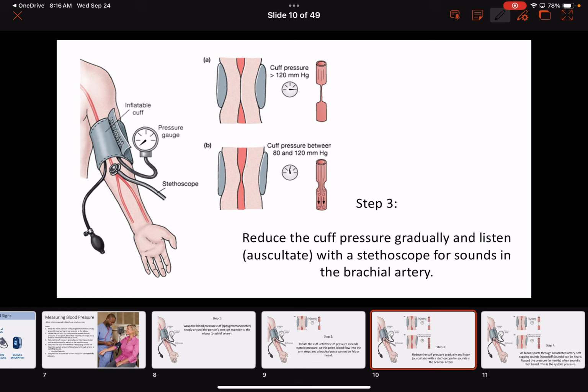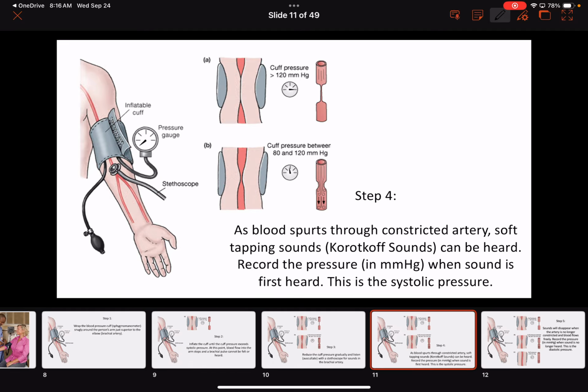From there, you're going to gradually reduce the pressure to open up that space so that blood flow can resume, and you're going to be listening for sounds when that happens. You reduce the cuff pressure gradually and then listen with a stethoscope for sounds in the brachial artery. As blood spurts through the constricted artery, soft tapping sounds called Korotkoff sounds can be heard.